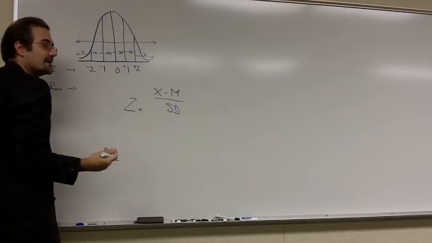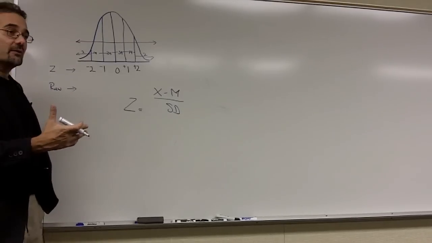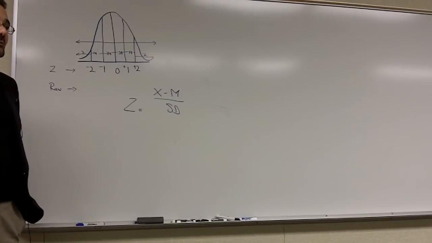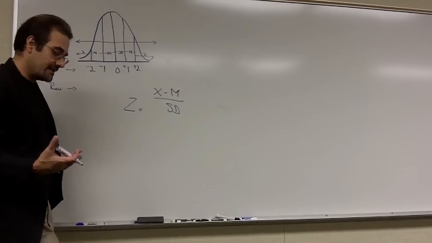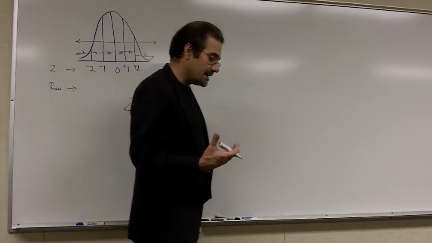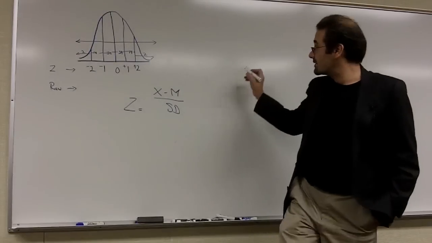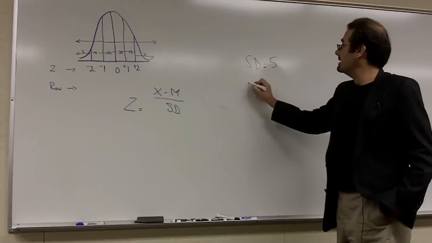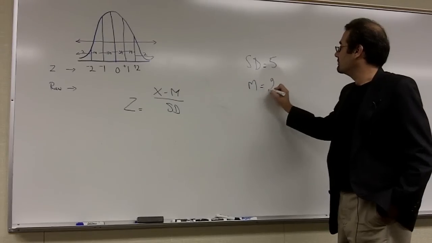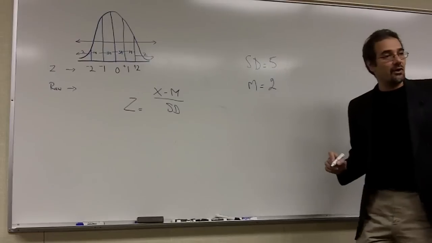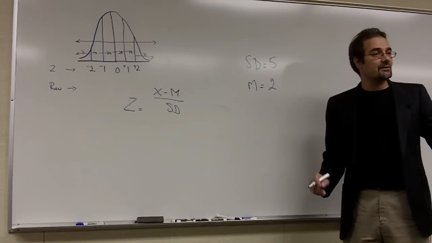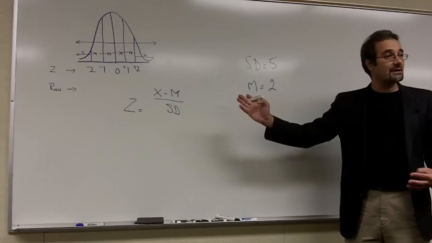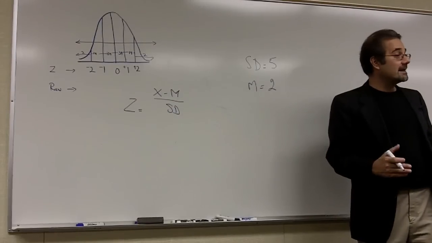Let's say I had 100 people in this classroom, and I give you a test, and I tell you the standard deviation is 5 and the mean is 2, and I give you your own score. Let's say I give you a score of 3. You can automatically transform that into a z-score and tell where you fall in that distribution.